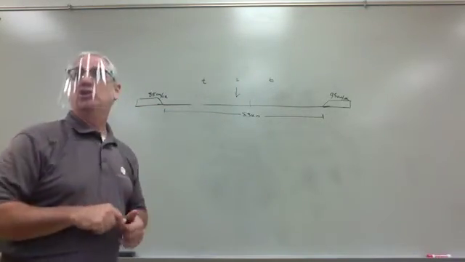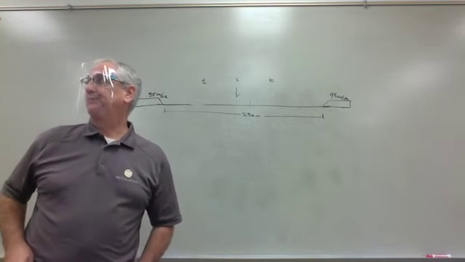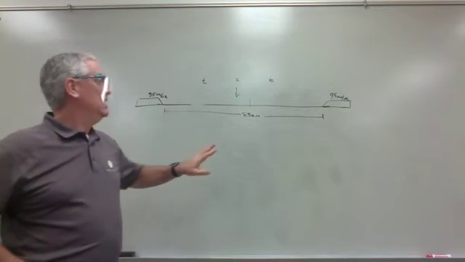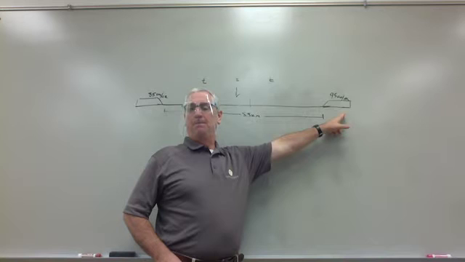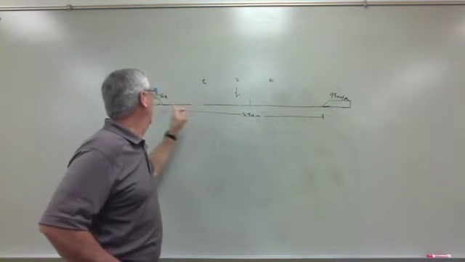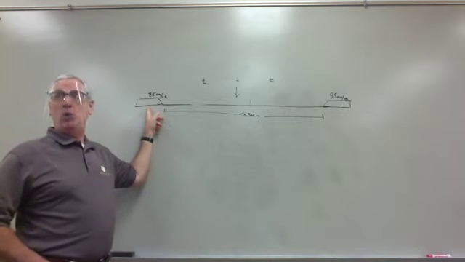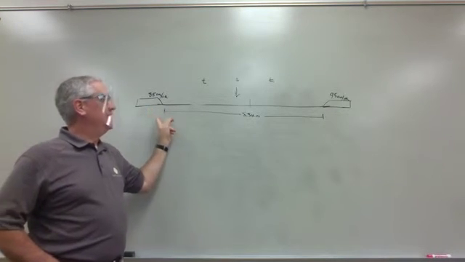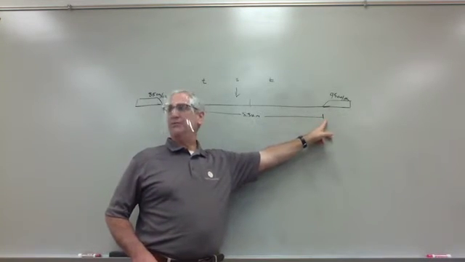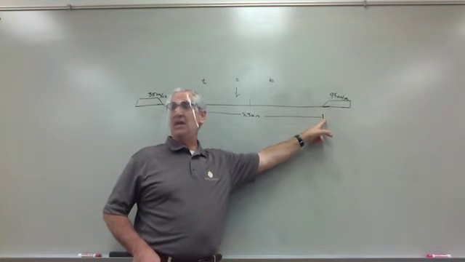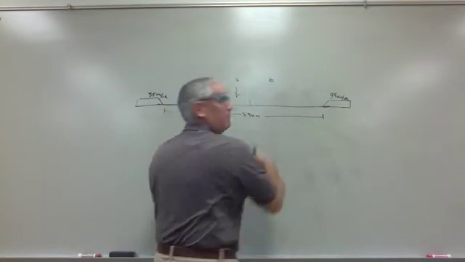I do what's called closing speed. For example, if this guy was sitting still, how fast would this guy have to be going to cover the 8.5 kilometers in the same length of time as both of them moving?